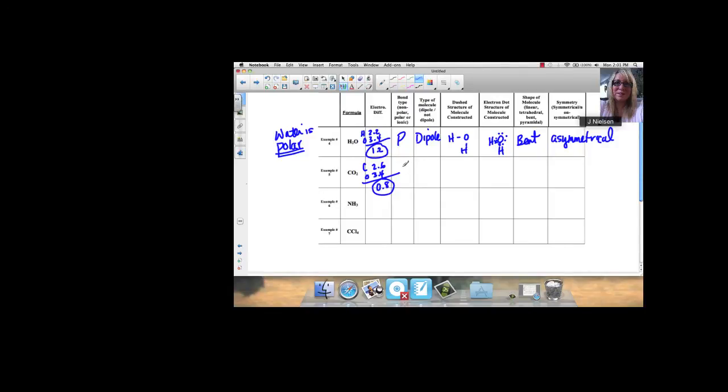This is also polar. However, this is not a dipole. And the reason being is it is symmetrical in shape. It looks like this.